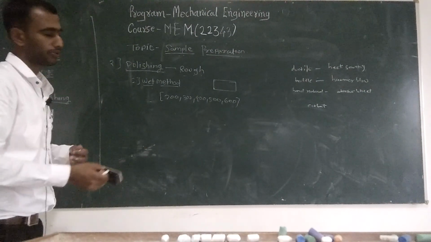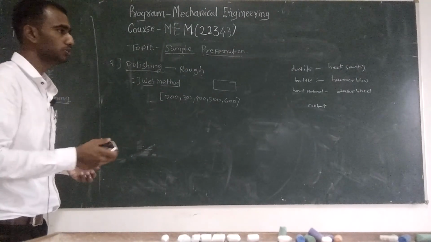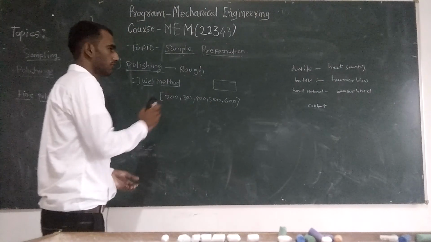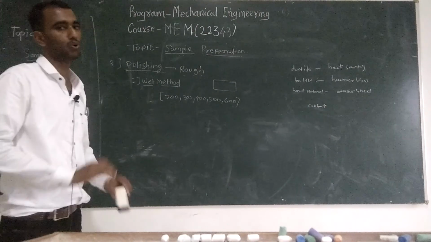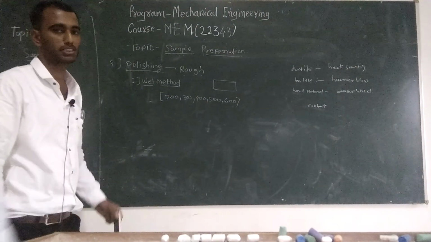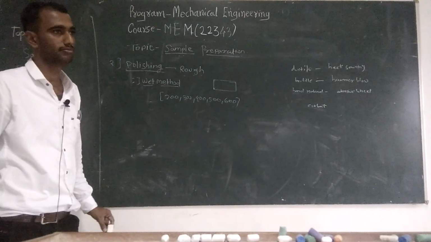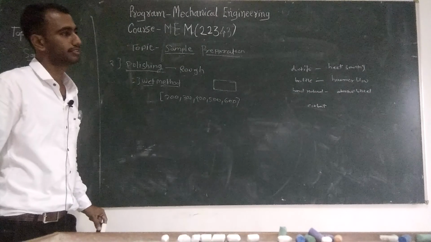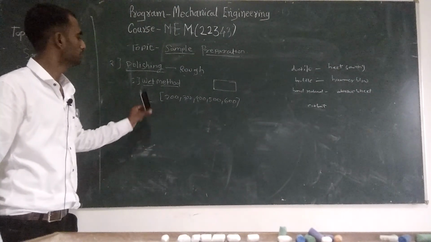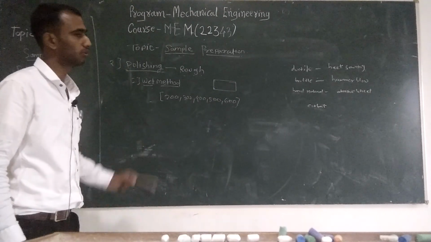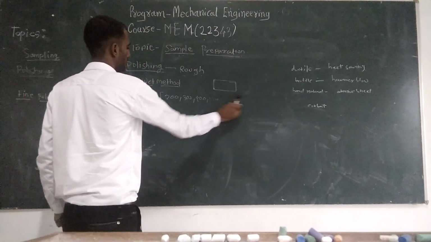While carrying out this polishing, we use a continuous supply of water, so that no washing of that particular specimen is required after polishing. After that the specimen is polished on abrasive wheels. This is all about the wet method.